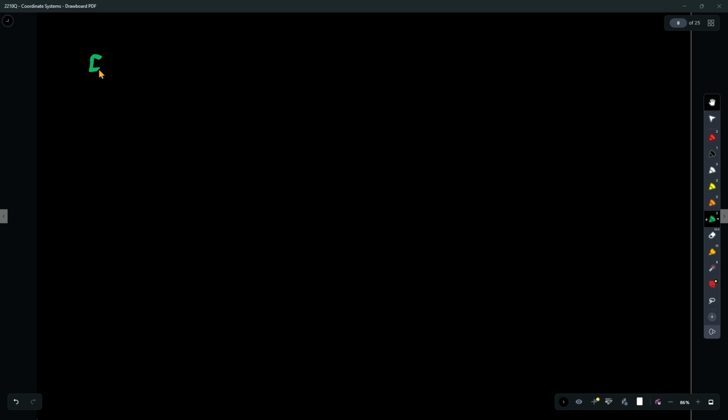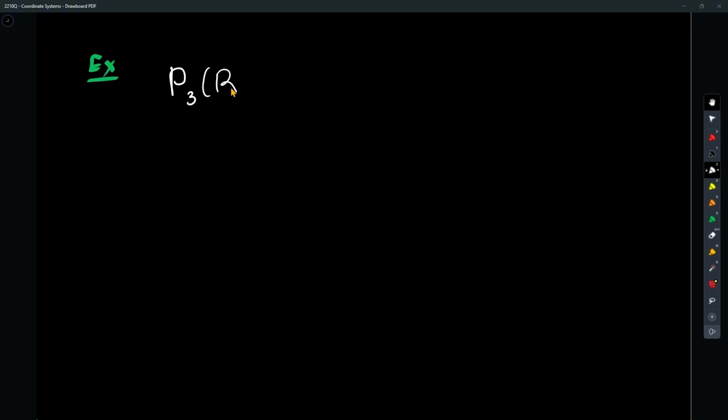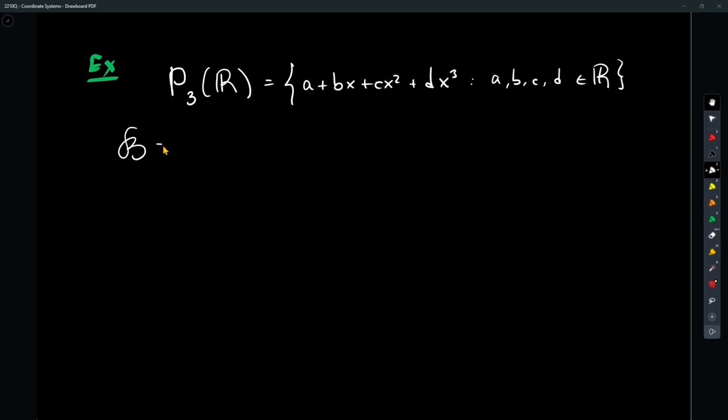So, for example, here is the vector space of polynomials, let's say, of degree less or equal to 3 over the real numbers. So these are polynomials of the form a plus bx plus cx squared plus dx cubed, where a, b, c, and d are real numbers. This is a vector space, and it has a basis, which is the basis 1, x, x squared, x cubed.